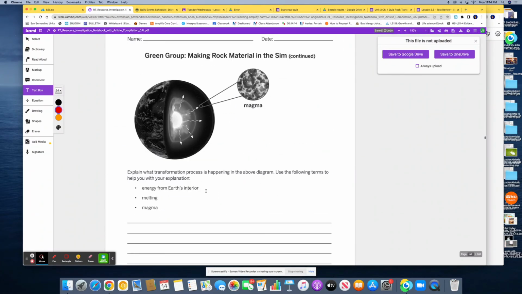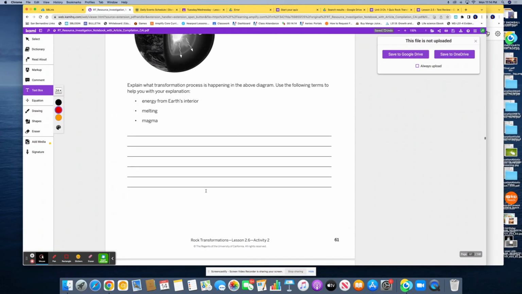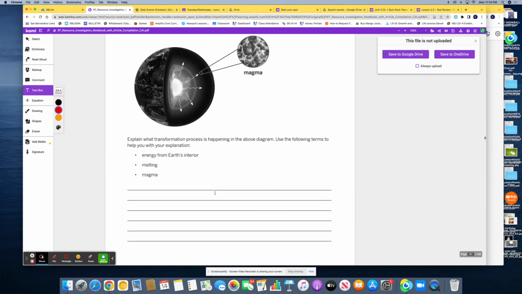All right, and then on page 61, we have Earth's interior. Okay, what's going on here? We have magma forming, right? Oh, right, this is the core, but here's where magma is forming. So what is happening?